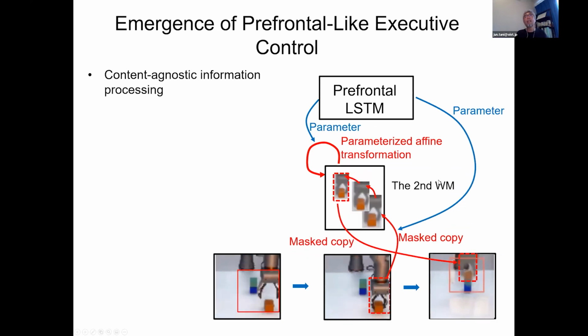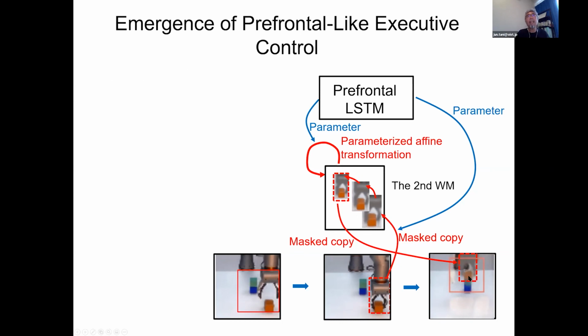Next, this unseen orange one, seen for the first time, is approached and then cut out in the same way. This part is masked and put in the visual working memory, and the prefrontal generates the image of transforming it. Finally this one is put on here.